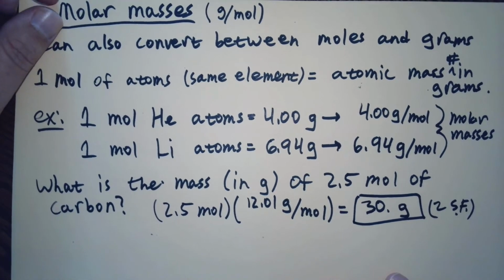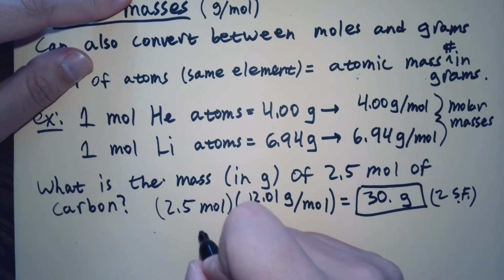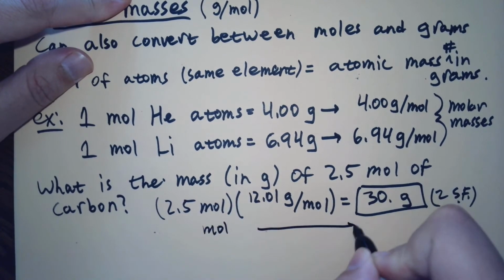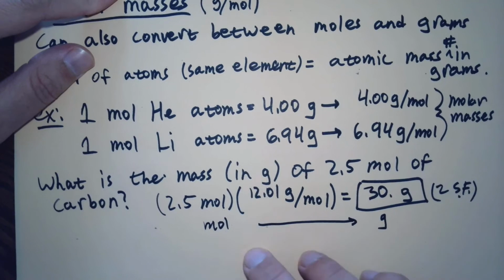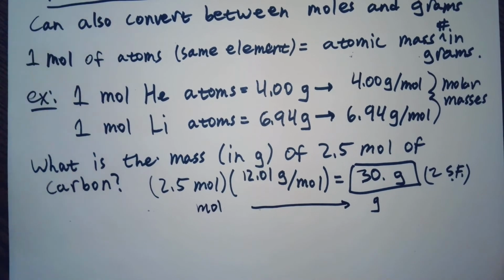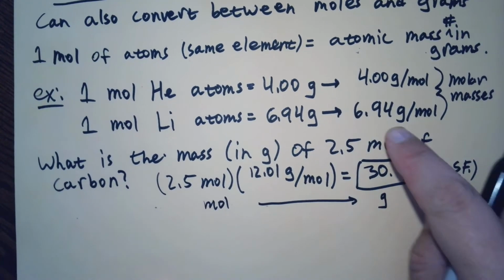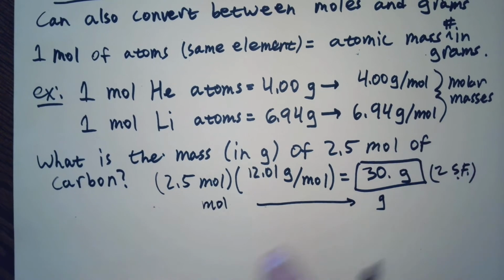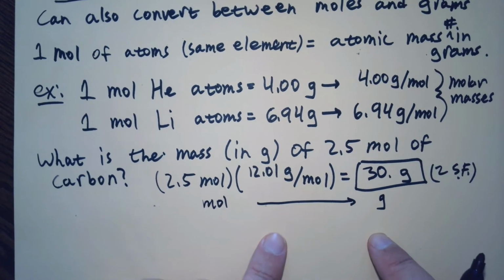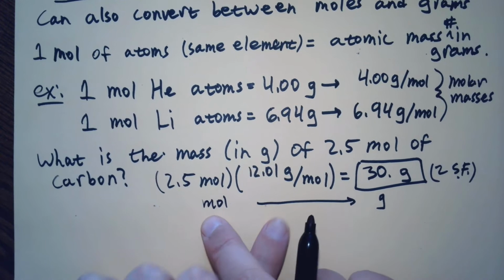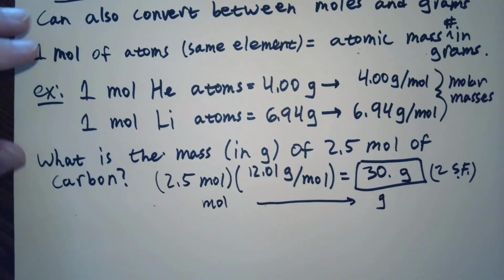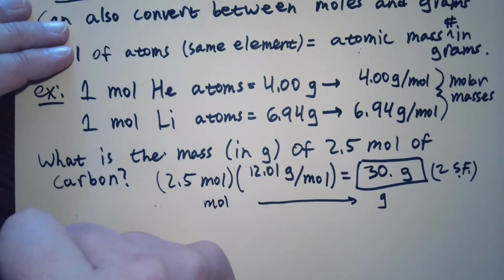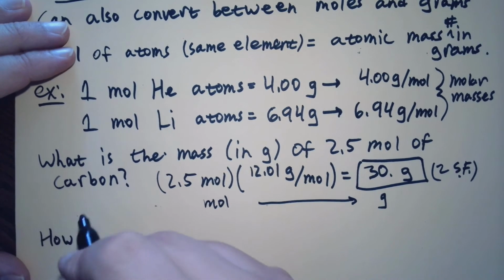Alright. And we can go the other way too. So we can go moles to grams. We can also go from grams to moles. You know, just like any other conversion factor, we can go forward or backward. We can go from miles to hours if we know the speed. We can also go from hours to miles using the speed. So let's do an example of that.